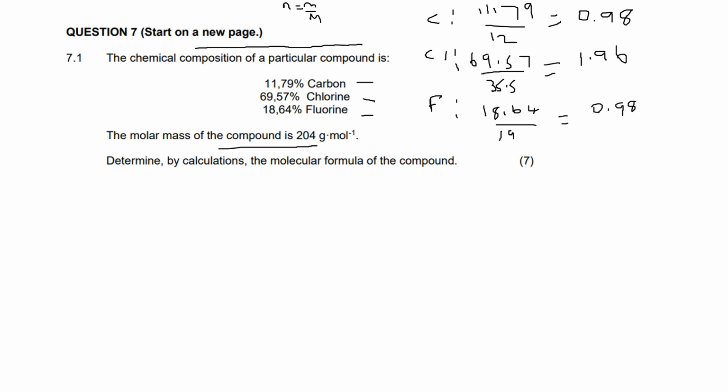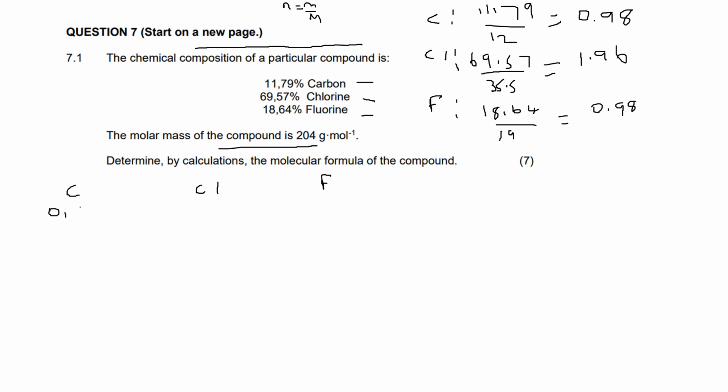So now we are sorted. We can go and do our lovely ratios. Remember when we do the ratios, it will be like this. Let's put C here, then Cl there, then F, to find our ratios. Remember the value that you got, you divide by the smallest number.